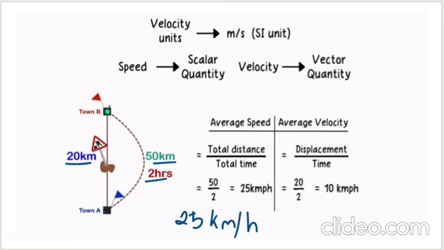Average velocity means that I am going to use my displacement. In speed, distance is used, but in velocity, I am going to use the displacement. All right, so let's see. As I said, displacement 20 by 2 gives me 10 kilometers per hour.